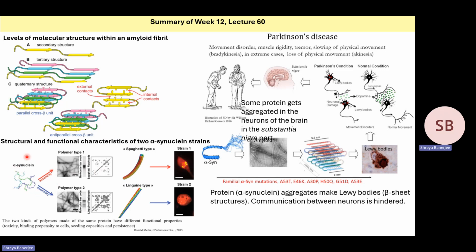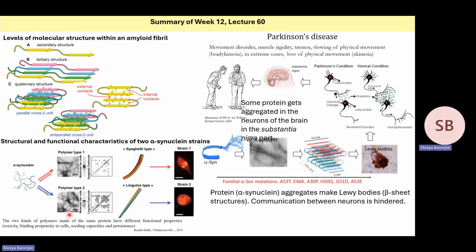Now we will look at a protein that forms this kind of amyloid fibril, which is the synuclein protein. The fibrillar structure can be of different types. You can have a very straight fibril, which here is called the linguini type, or you can have a curved fibril, which here they are calling the spaghetti type.